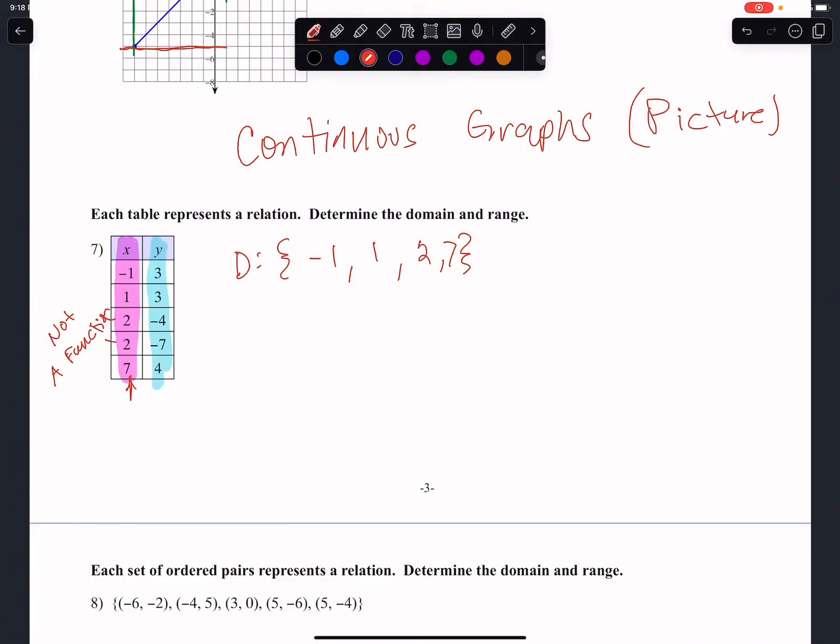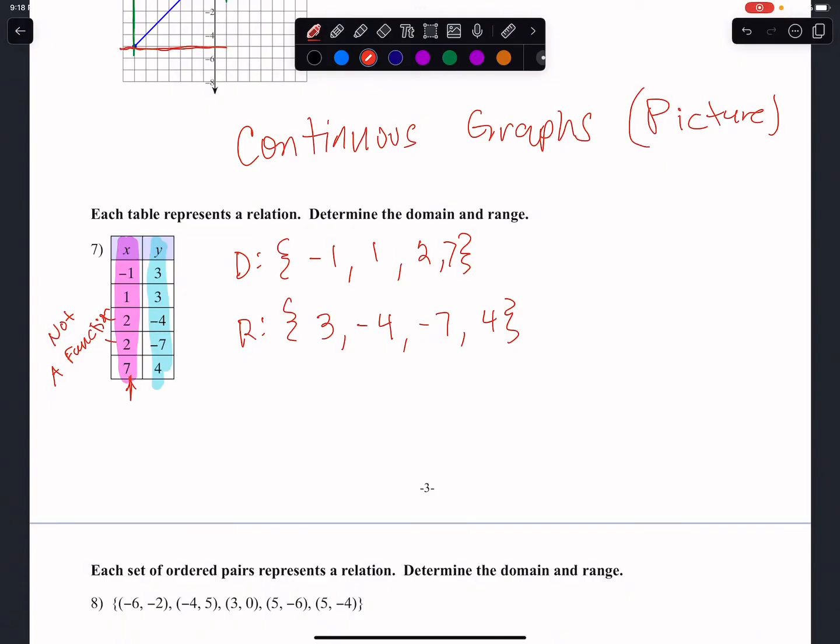And then our range are all the numbers in blue. 3 repeats, but you only have to write it once. -4, -7, and 4. Now, most of the time, your teacher will probably want you to write this in order from smallest to greatest. But for the sake of time, I'm not going to do that. But your range will be -7, -4, 3, 4.